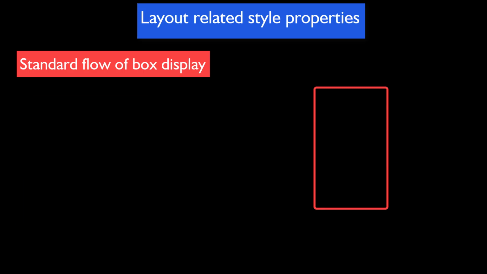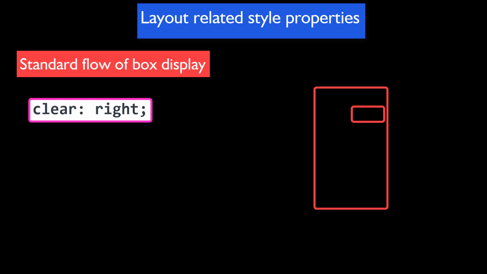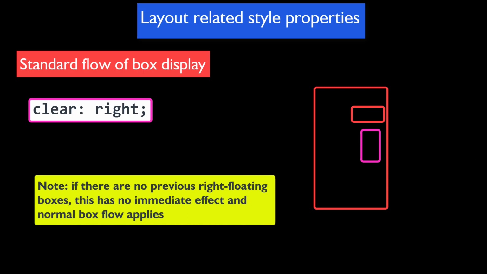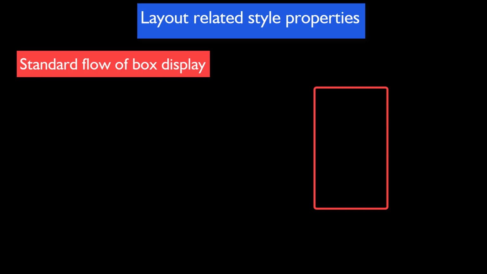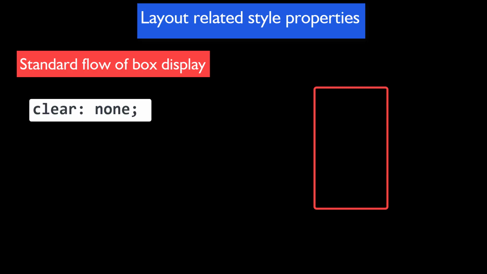A clear of right requires the box's top edge to be below the bottom edge of any previous right floating boxes, so stack these boxes on the right. A clear of both requires the box's top edge be below the bottom edge of any previous left floating boxes and right floating boxes, so start fresh below any existing boxes. And a clear of none, the default, says there are no constraints on the box regarding floats.